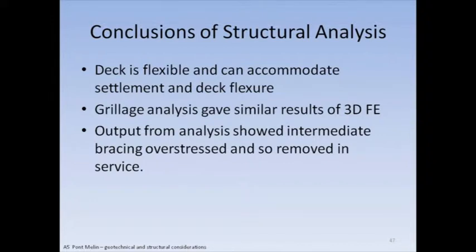Something interesting that came out of it was that the grillage analysis compared very, very well with the 3D finite element analysis, and something to take forward is maybe that the 3D analysis wasn't actually needed. The degree of accuracy didn't really provide any improvement on the grillage analysis.